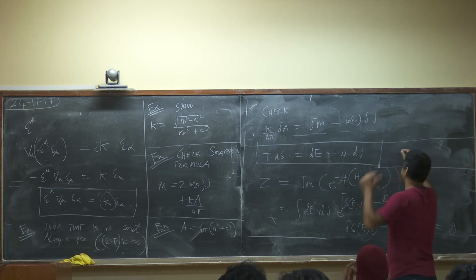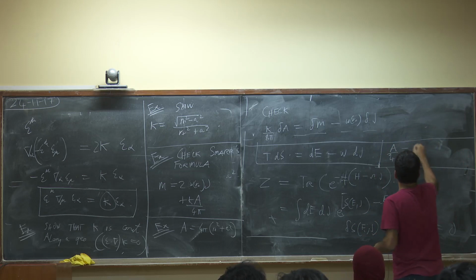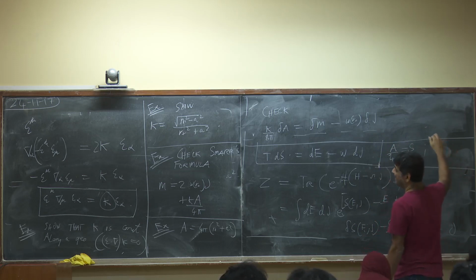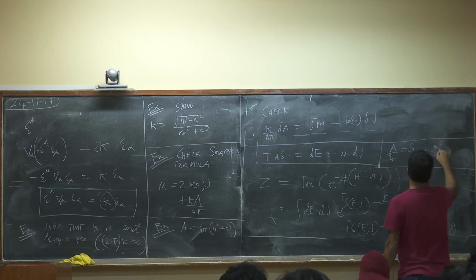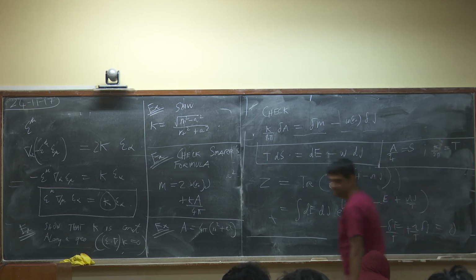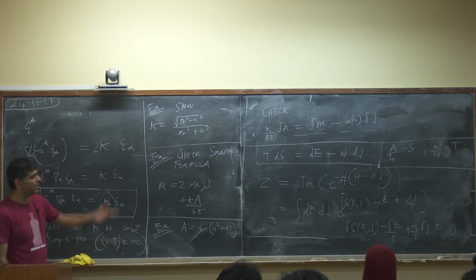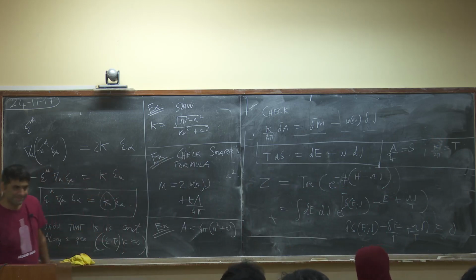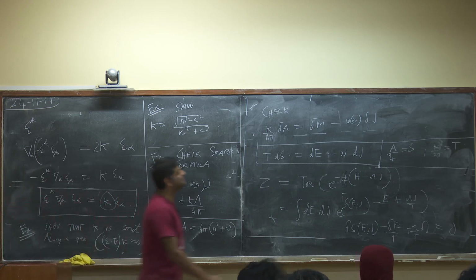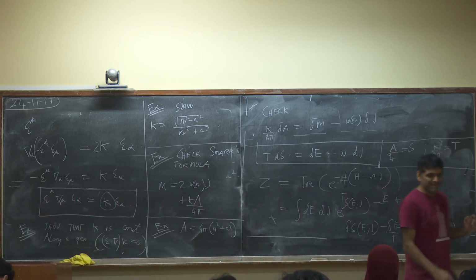Suppose at the moment we identify A by 4 with S and kappa by 2 pi with T. Of course, at this level we could have put any constants we wanted. But there are good reasons.